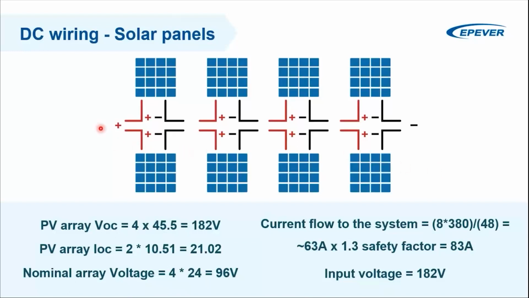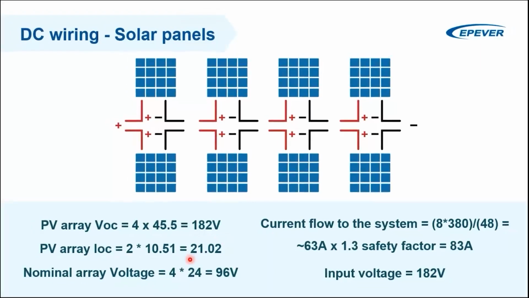So let's have a look at an example. In this example, I choose two strings of 4 panels in series, as you can see here. And this means that I'll have 182 volts and something like 21 amps as the input current.